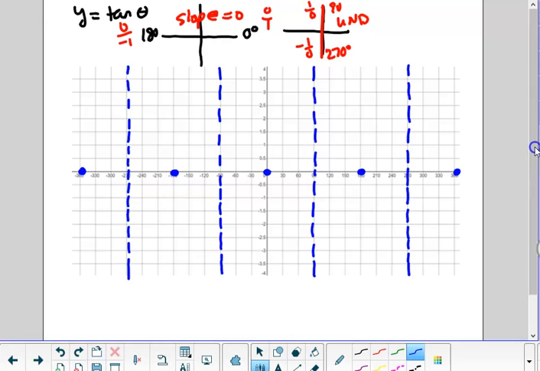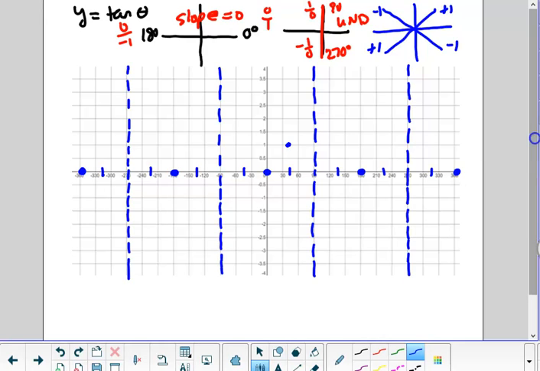Now, the other ones that are easy to find are the 45-degree angles. So positive 1, positive 1, negative 1, negative 1. The 45-degree angles are halfway in between the ones that are marked on the axis here. So halfway in between where the asymptote is and where the 0 is are the 45-degree angles.